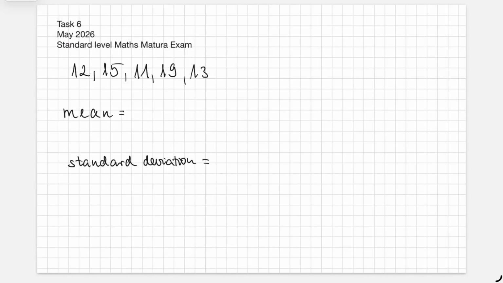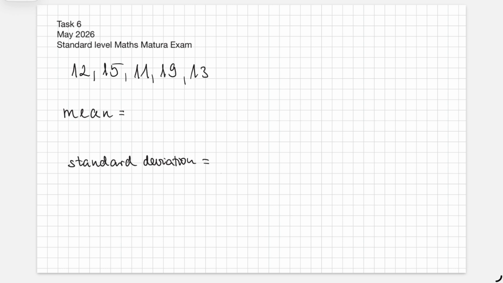This task asks us to calculate the mean and the standard deviation of Adam's scores, which are 12, 15, 11, 19, and 13.